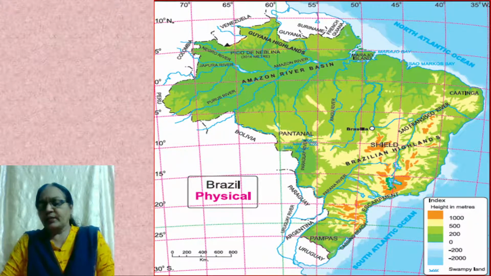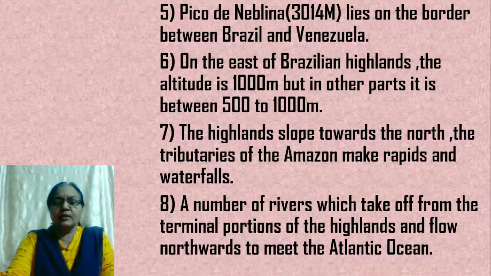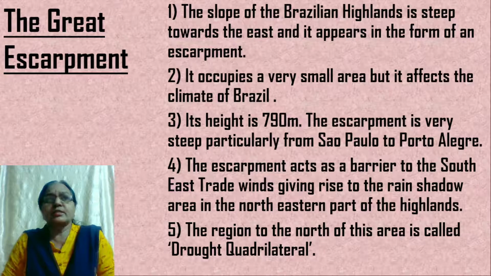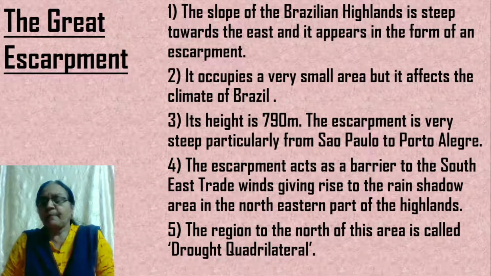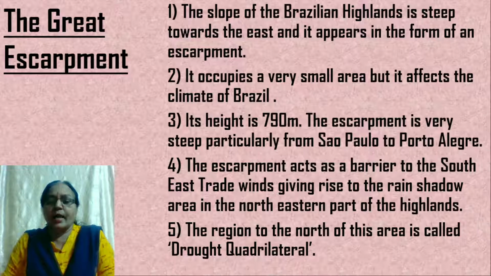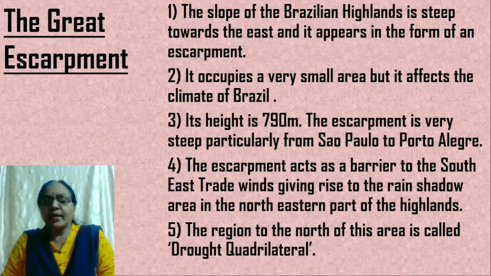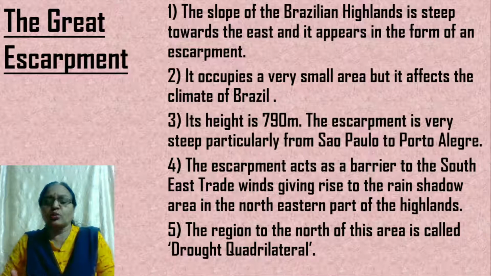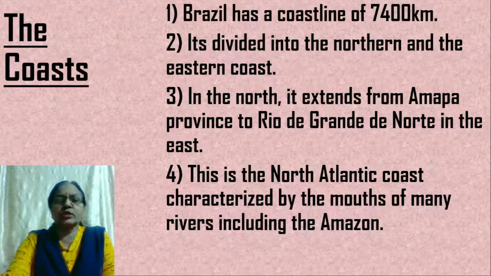Though the region is very small, its height is only about 790 meters, it has a great influence on the climate of Brazil, because when the southeast trade winds carry moisture from the Atlantic Ocean, this creates a rain shadow region in all those areas which lie to the northeastern part of the highland, and hence regions along the northeast as well as the north of Brazil get very low rainfall, and this region is called the Drought Quadrilateral.